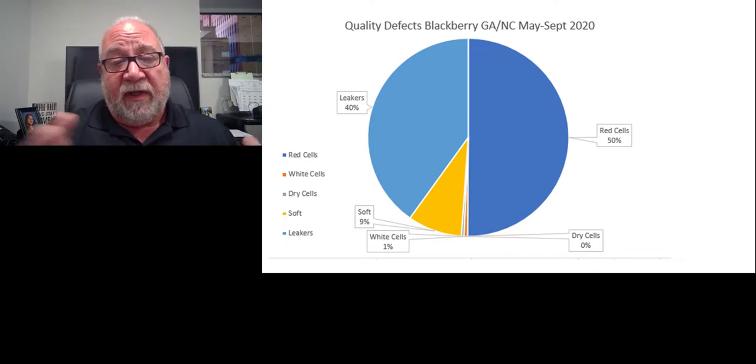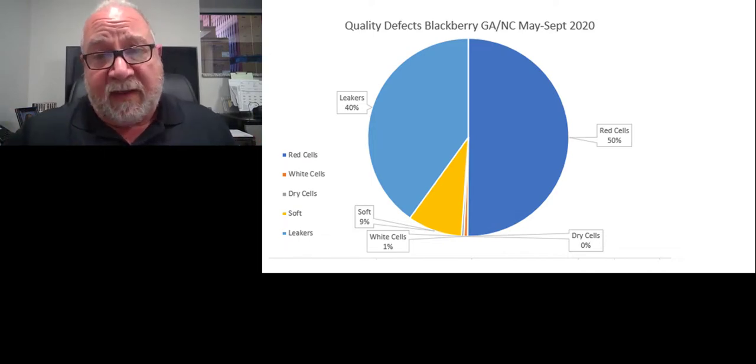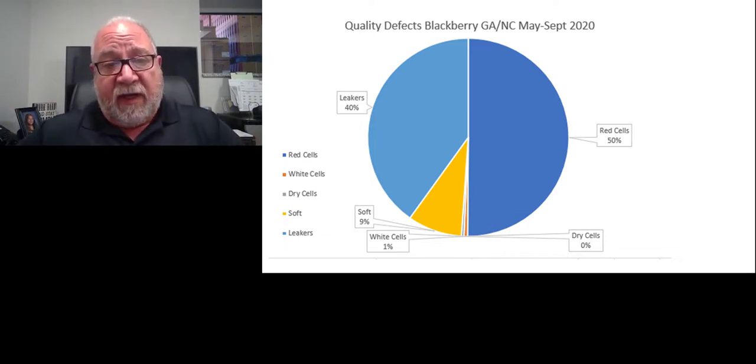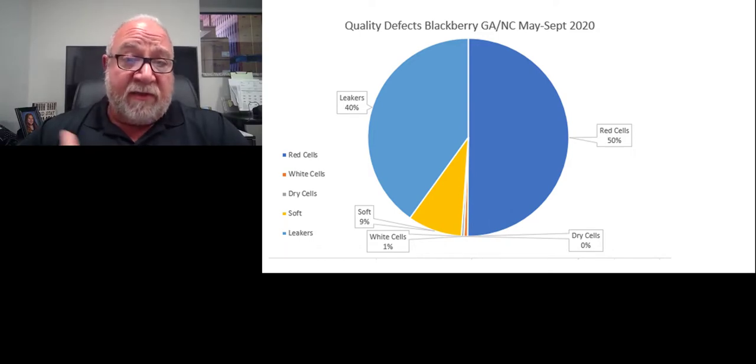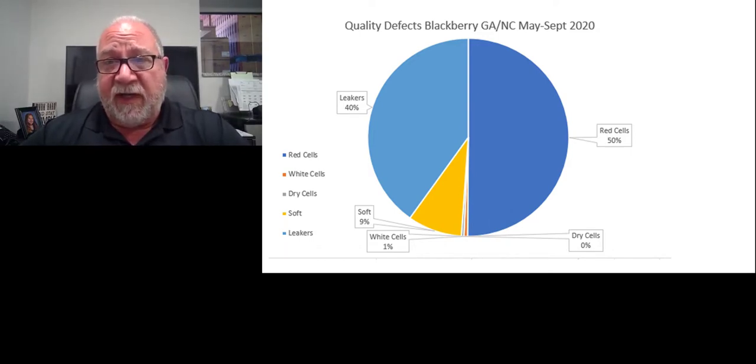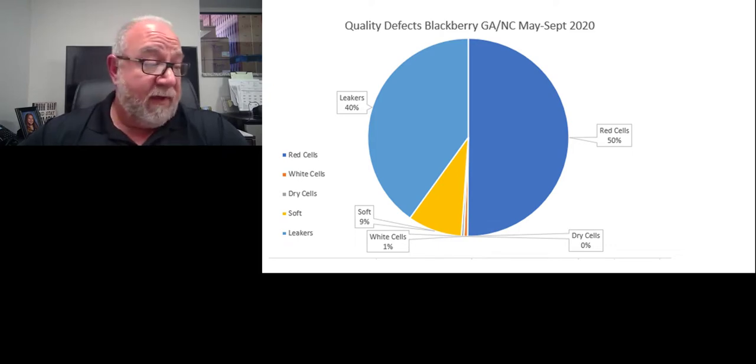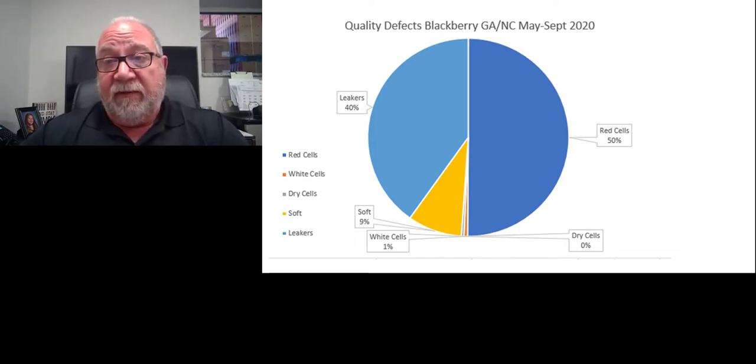So that means that when the guy takes the fruit and takes a sample and starts looking at it and scores it, 50% of the score was due to red cells, which also matches pretty close to what Margaret showed, which I think was 39% of the problem. Well, we match pretty good. So it's validating the research that she showed us earlier. That means that we're no worse or no better, but it doesn't help me at all.